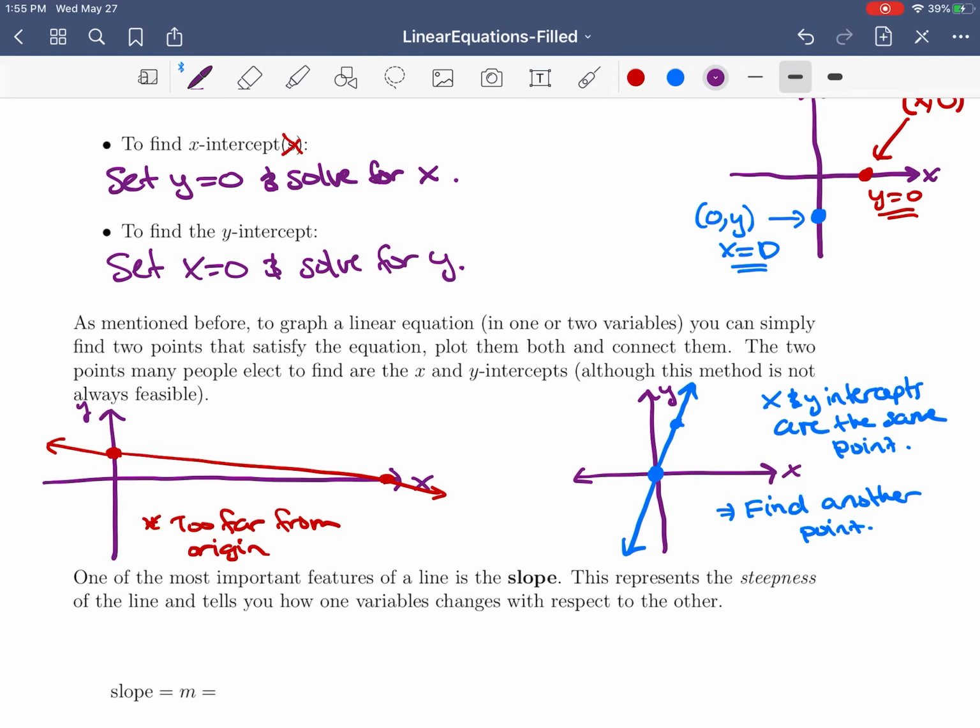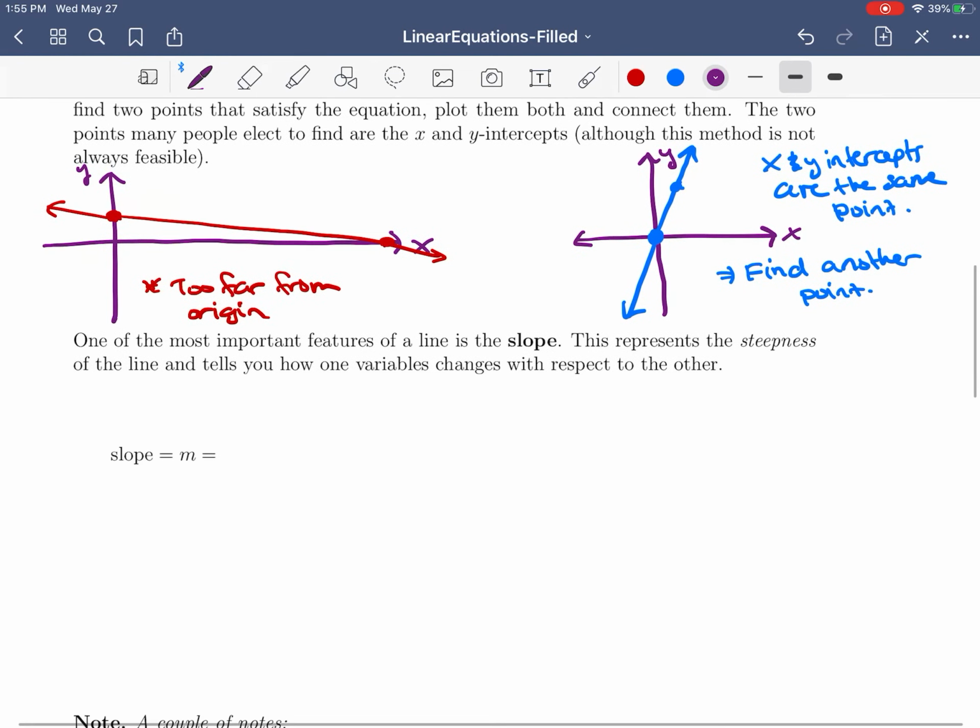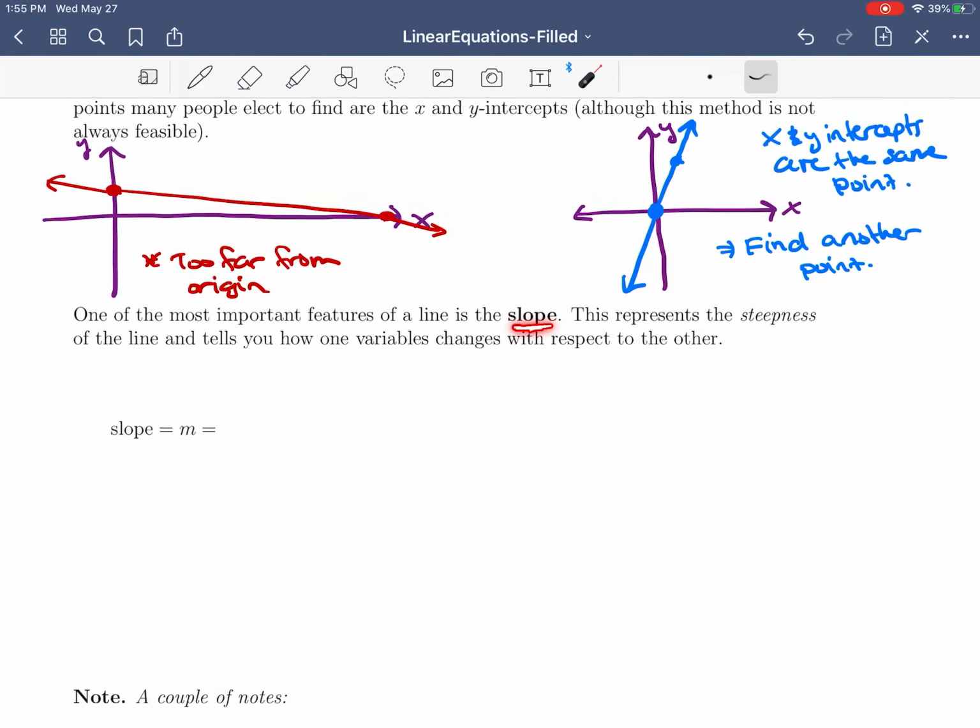Now, one of the most important features of a line is the slope of the line. Okay, this represents the steepness, we usually say, of the line, and it tells you how one variable changes with respect to the other. So the way that we find the slope is, so it's the steepness of the line.